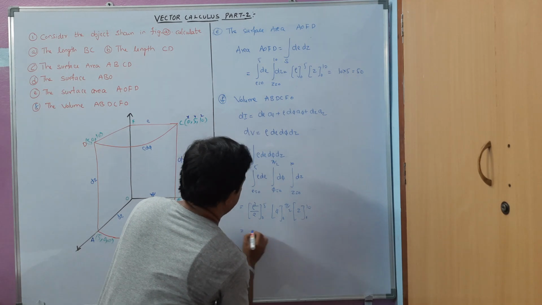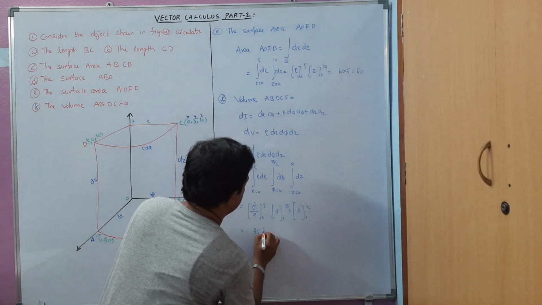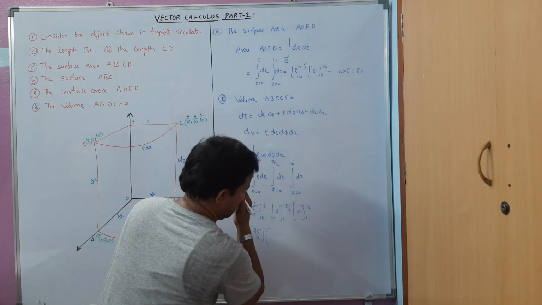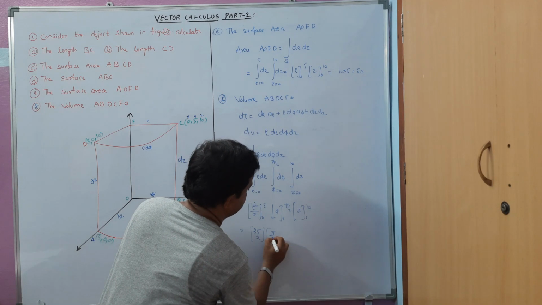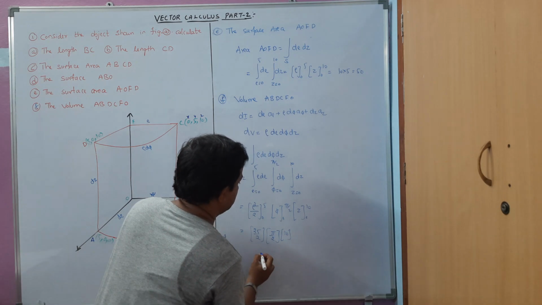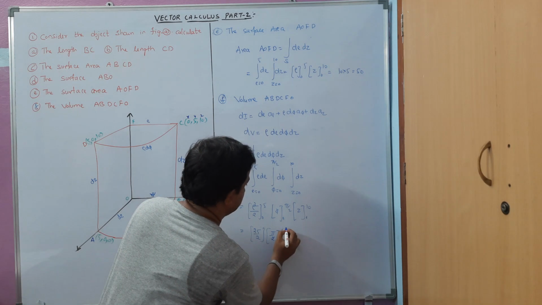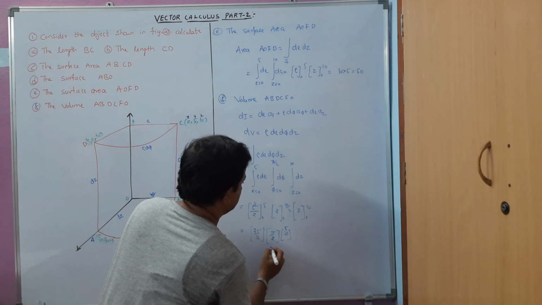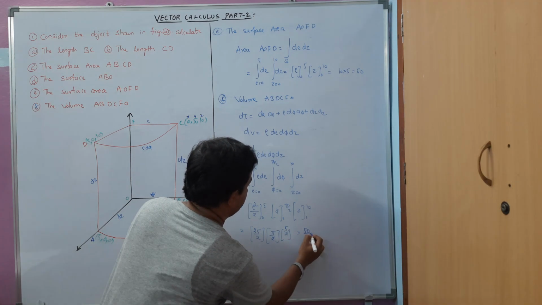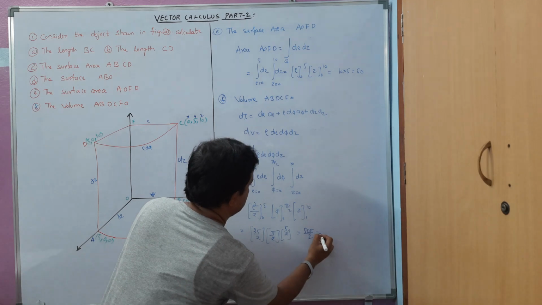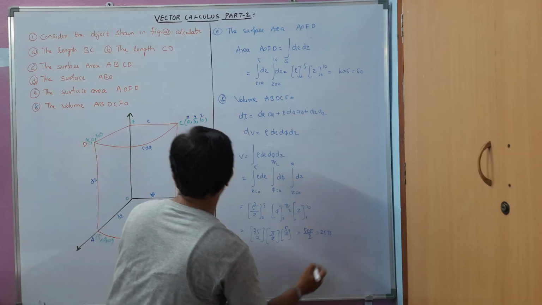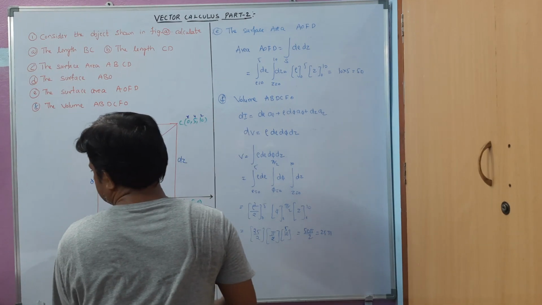So it will be rho square by 2 from 0 to 5, phi from 0 to pi by 2, and z from 0 to 10. What do I get here? 25 by 2 into pi by 2 into 10. So 50 pi by 2, which would be equivalent to 25 pi, I think, right?